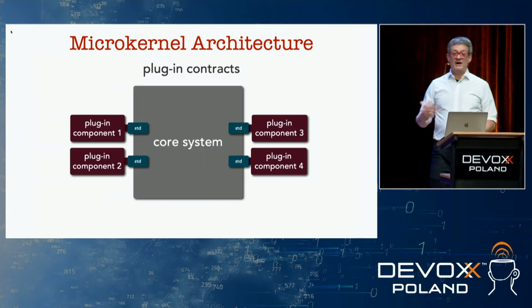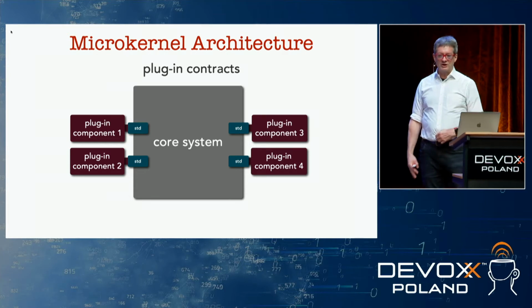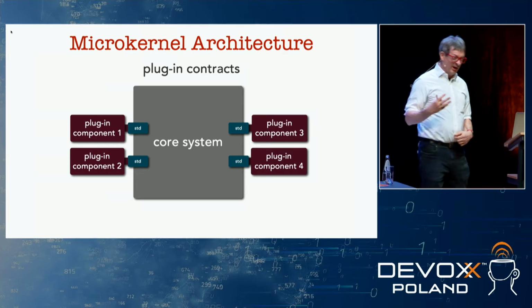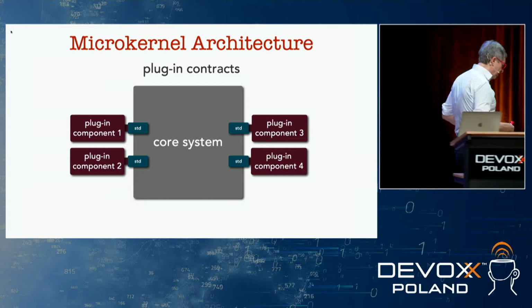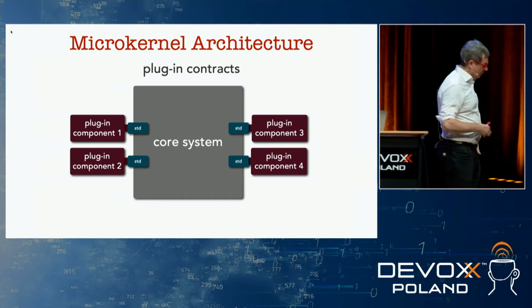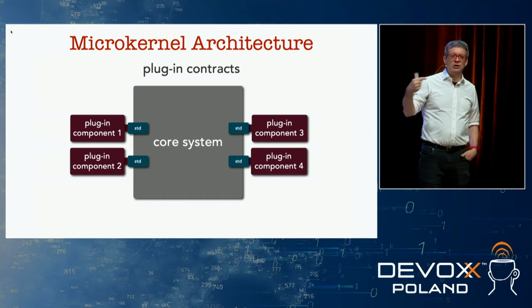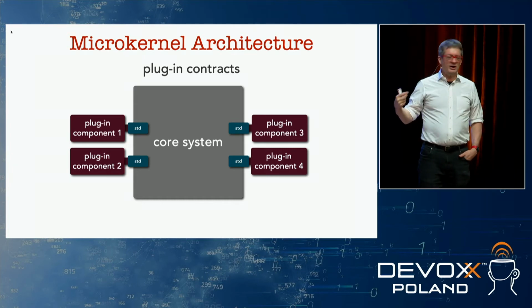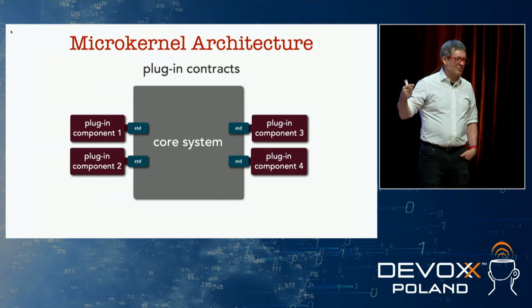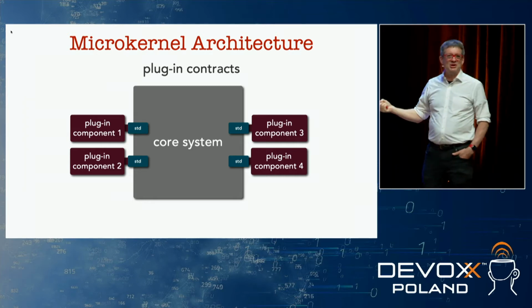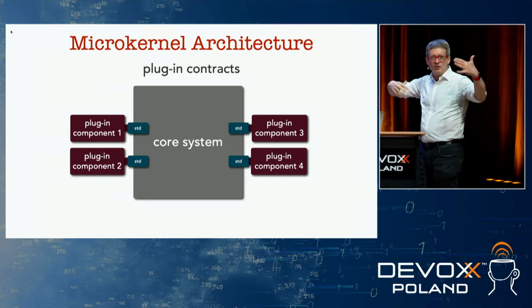The thing that really defines the complexity of this architecture is how complicated are the contracts. And if you'll notice, most plug-in architectures, and in fact most microkernels, try to make that a one-way conversation with the plug-in to the core and not let the plugins talk to each other. Because if you do, now you're into OSGI and transitive dependency management and all the dependency graph that goes with all that.